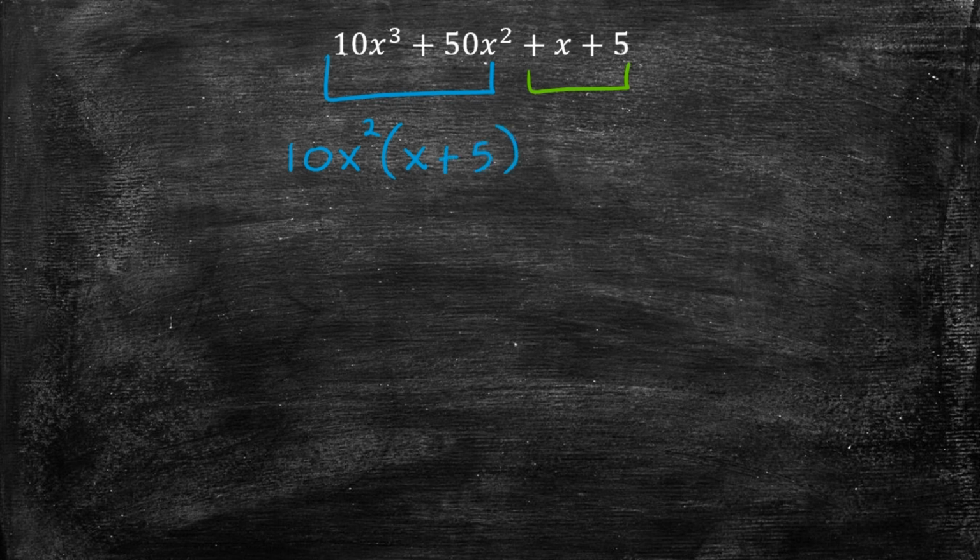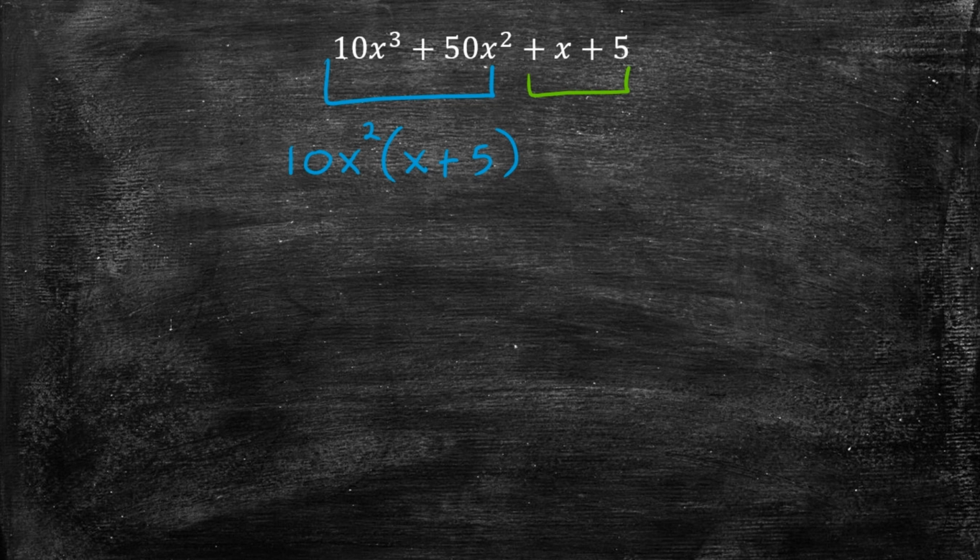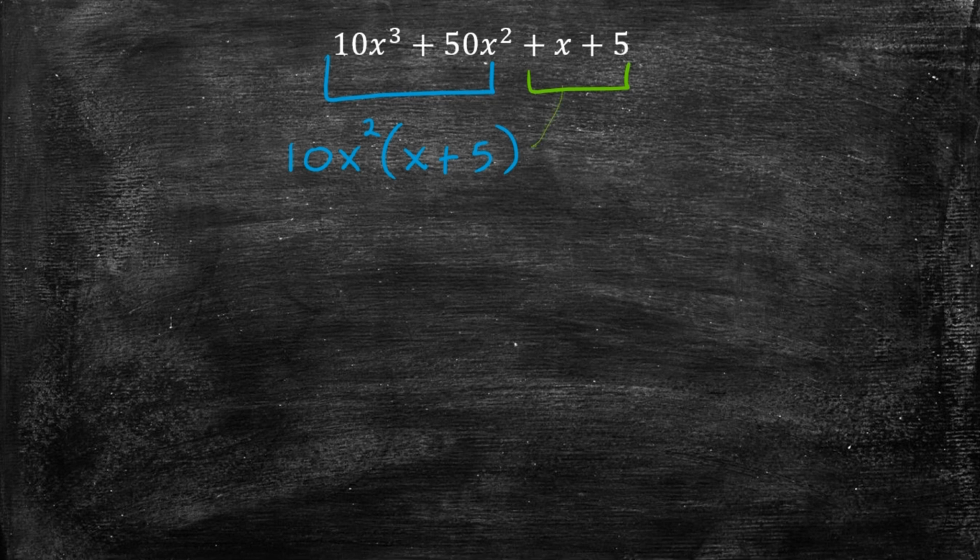Okay, and then when we're looking at the second group here, what we can always do is pull out a 1 from any two sets of numbers. So what we get when we do that is plus 1 times x plus 5 in there.